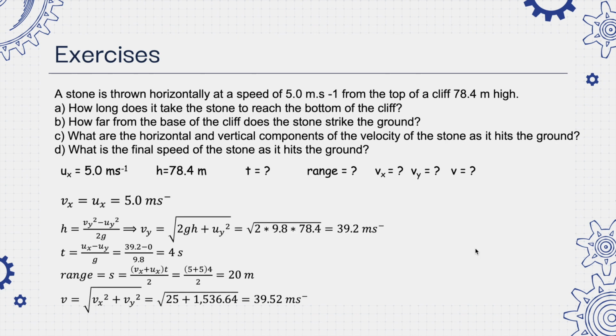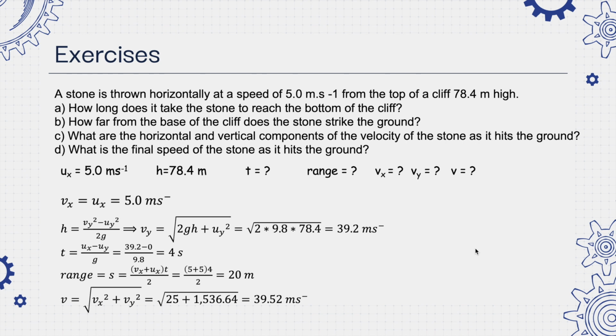Now, to calculate Vy, we can use the formula used before. We said the height equals V squared minus U squared divided by 2a. In this case, I will say a is equal to g. So Vy equals the square root of 2gh plus Uy squared, and since Uy is equal to 0, Vy equals the square root of 2gh.